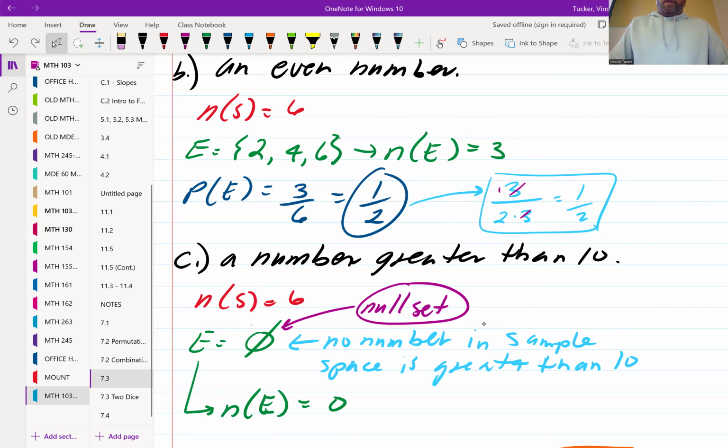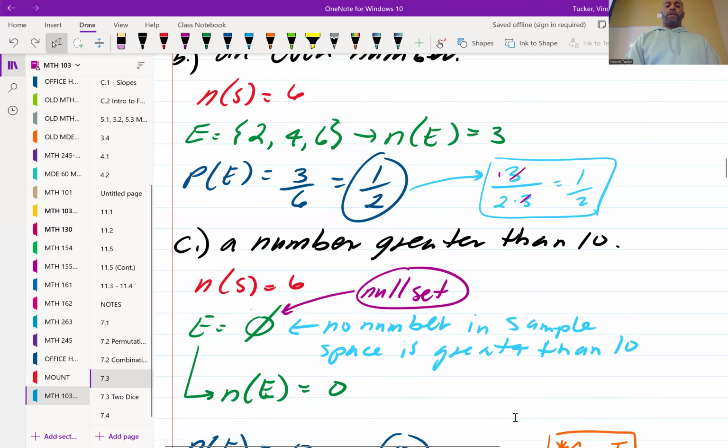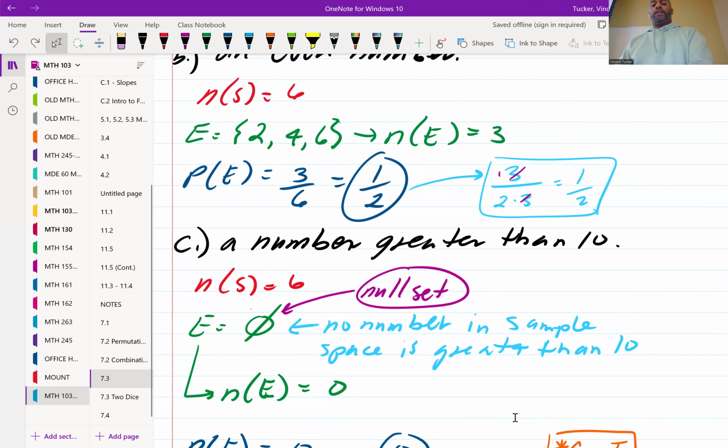We want to know what's the probability of rolling a number greater than 10. So once again, our sample space is 6, but there's no number that's greater than 6 in our sample space. So of course, there's no number greater than 10.